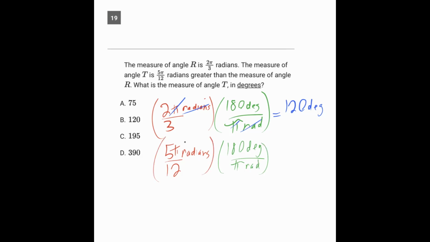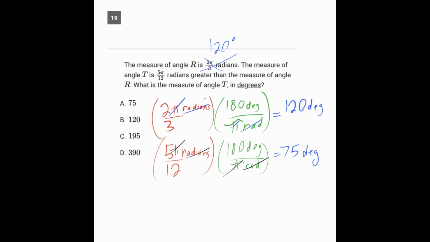And once again, pi cancels with pi, radians cancels with radians, and 5 over 12 times 180 on a calculator would be 75 degrees.